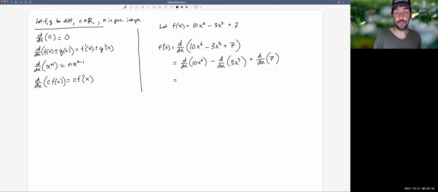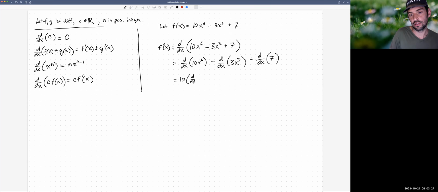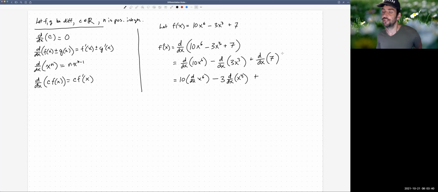Now, looking at this first one, I've got a constant times a function. Using this constant multiplier rule, the constant can slip out front. And the same thing applies here. The constant slips out front. And then the last one we have, the derivative of a constant is 0. So we get a 0 there.